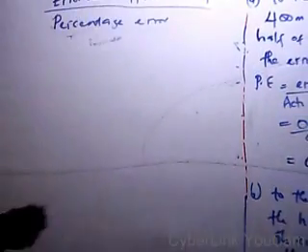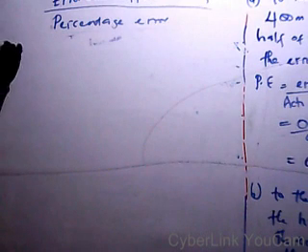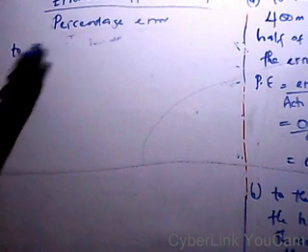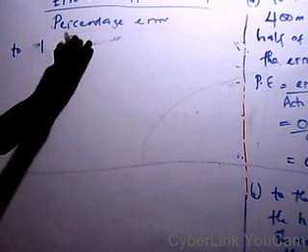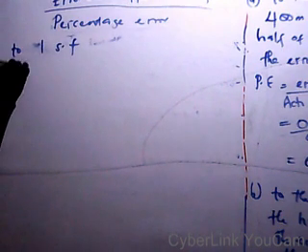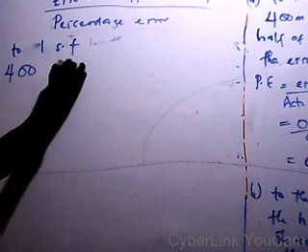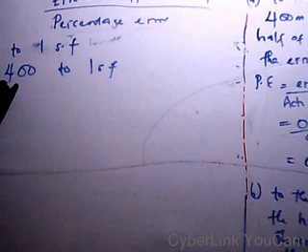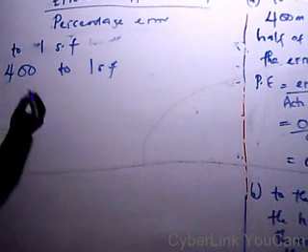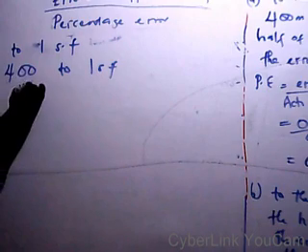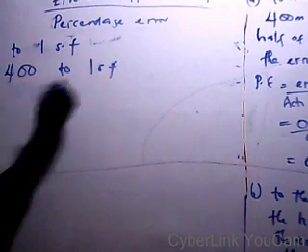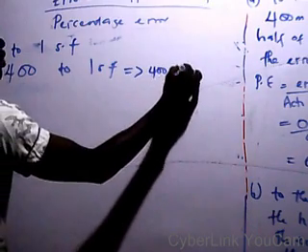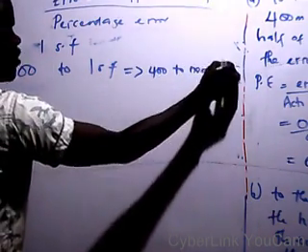So C, to one significant figure. Claiming this 400 to one significant figure is equivalent to saying 400 to the nearest 100.